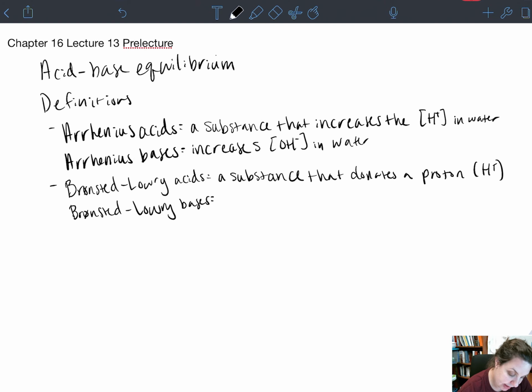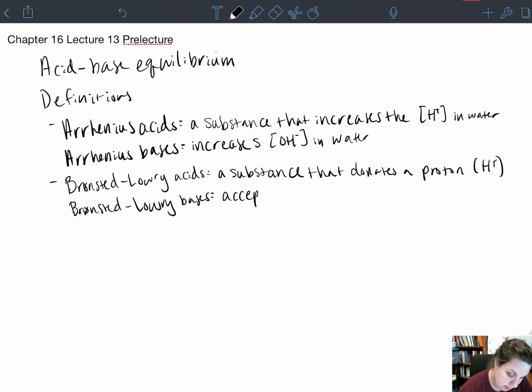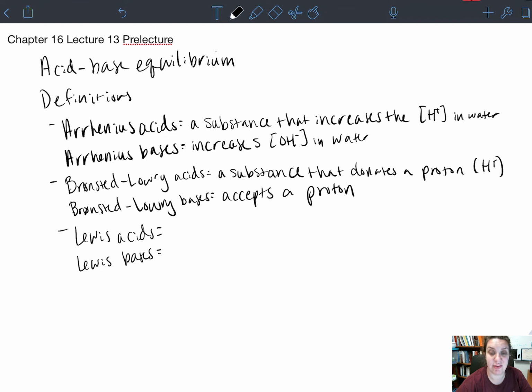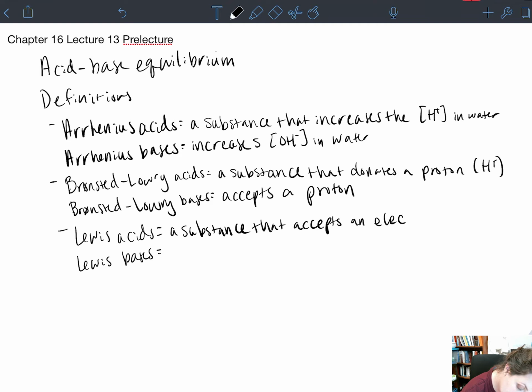And then a base accepts a proton. And then our last definition is Lewis acid and Lewis base. So our Lewis acids are substances that accept electron pairs. And then the base is a substance that donates a pair of electrons.